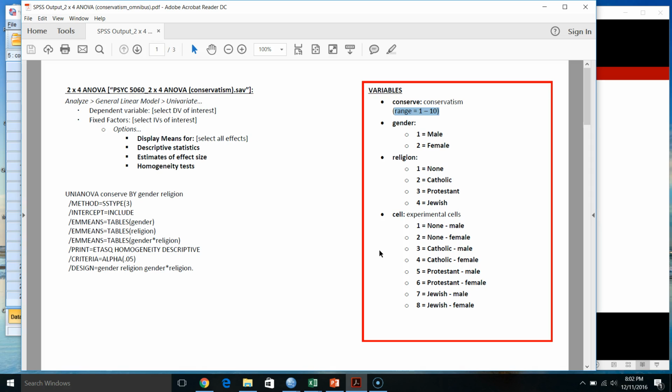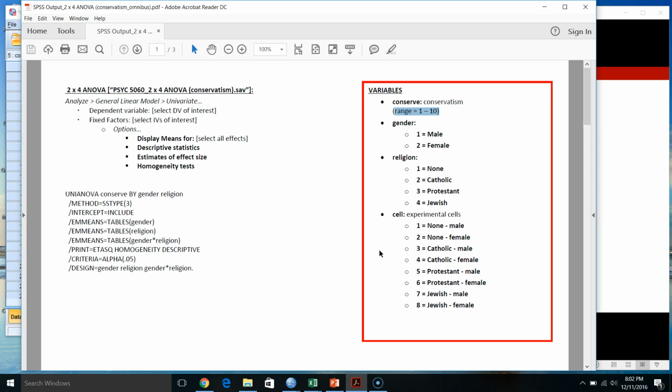We're going to have a main effect of religion to see whether or not we have systematic differences in level of conservatism across people who don't identify with a religious affiliation versus Catholics versus Protestants versus Jewish individuals in our sample, looking across those 4 groups.